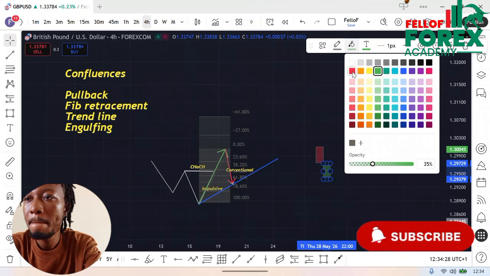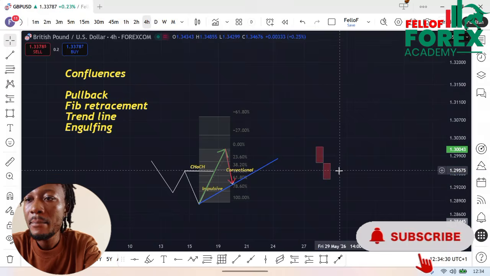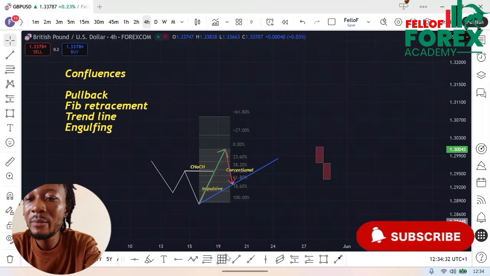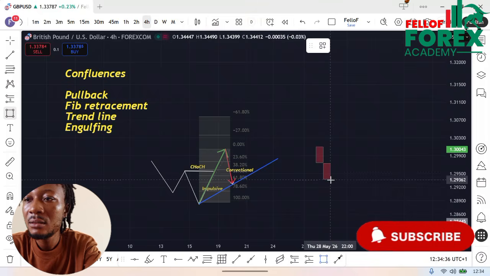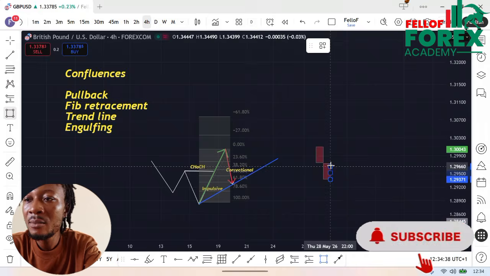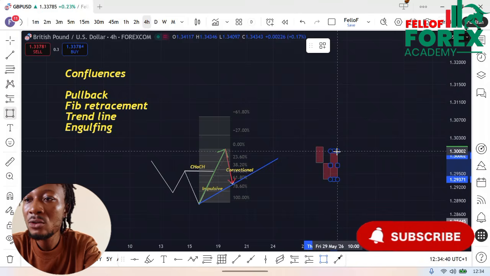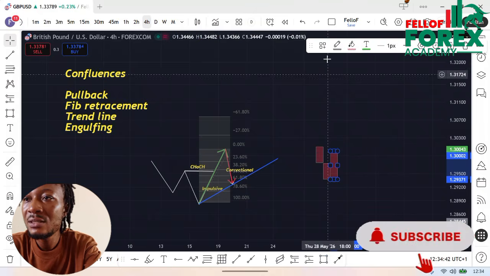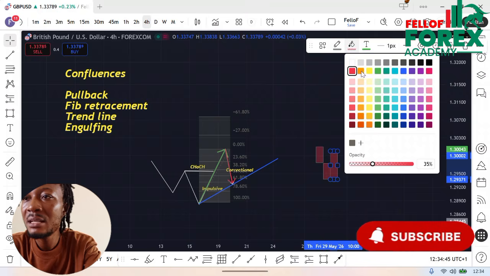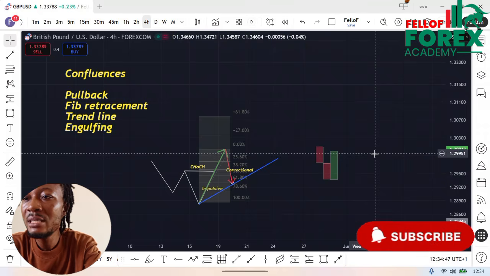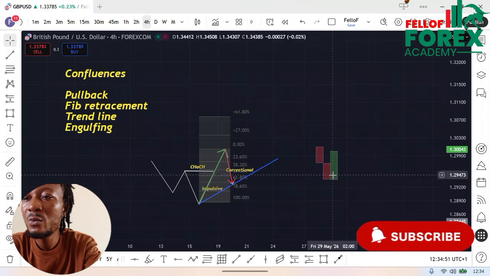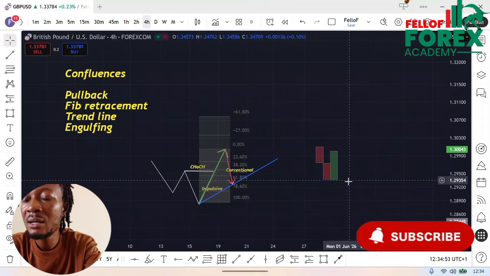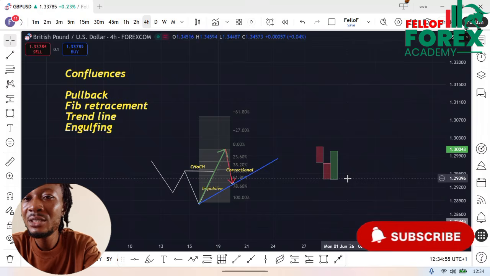And then automatically you see a big green candle comes up and swallows up at least one whole candle and maybe starts swallowing the next one. So this is what we call an engulfing. This is a bullish engulfing. So if we're going up and the red candle comes down and swallows, we'll call it a bearish engulfing.